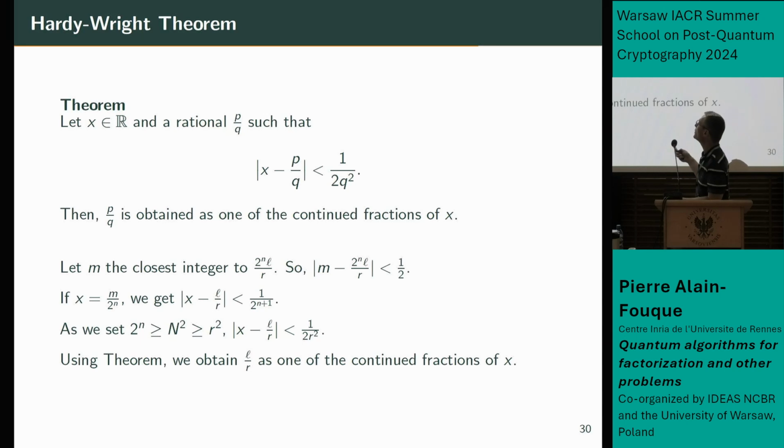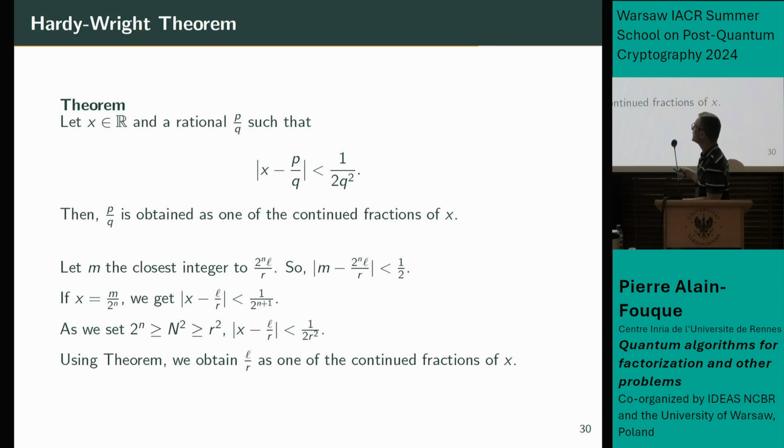Why we can apply this theorem is not difficult. If we take the closest integer to this value, we have some value m that is not more than 1/2 away from it. Now if I divide it by 2 to the n, I will get this value. Recall that I assume that 2 to the n is larger than n squared, and n is larger than r.